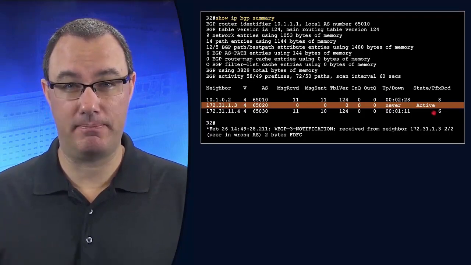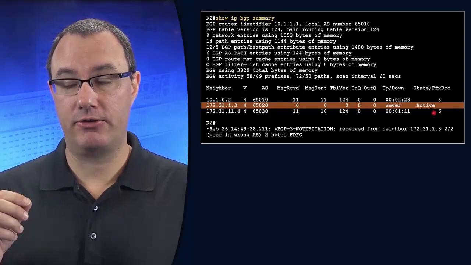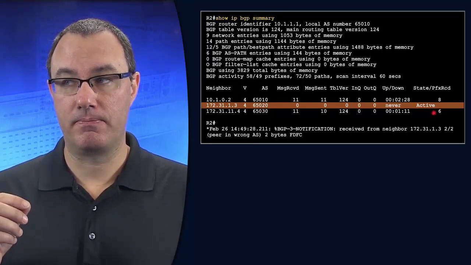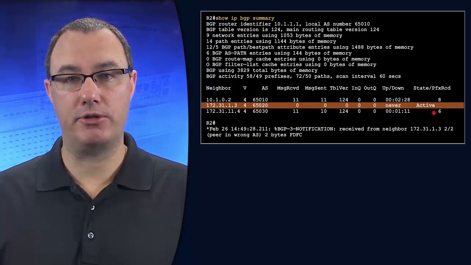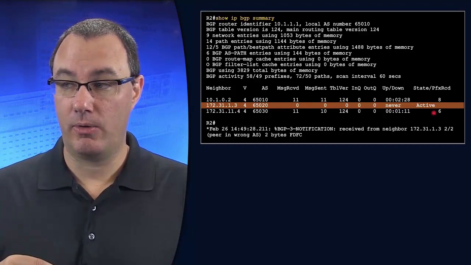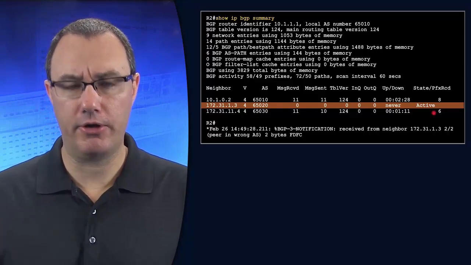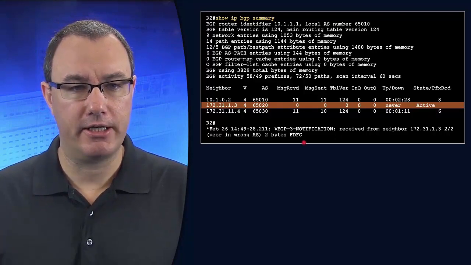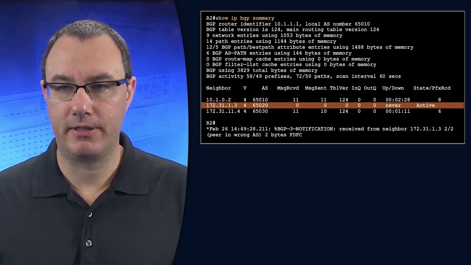Active can mean that you have a mismatched autonomous system from what is built or expected from your configuration. And your configuration is your autonomous system number and the remote AS autonomous system number. There can certainly be a mismatch. And it looks like that's a hexadecimal code for maybe an autonomous system.